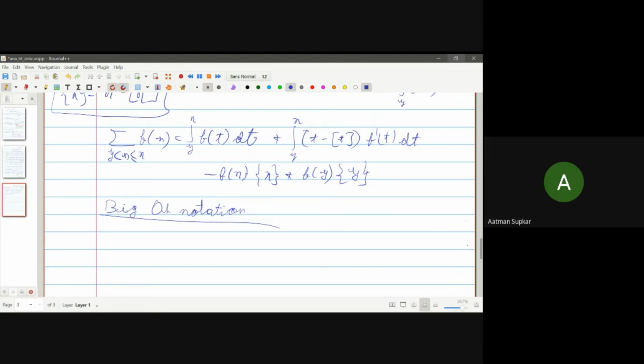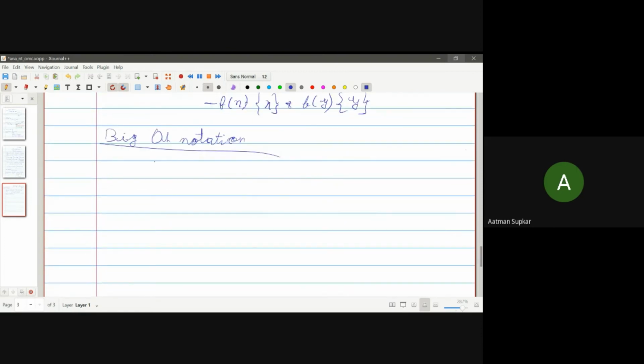Here's the idea. f(x) equals O(g(x)). What does this statement mean?